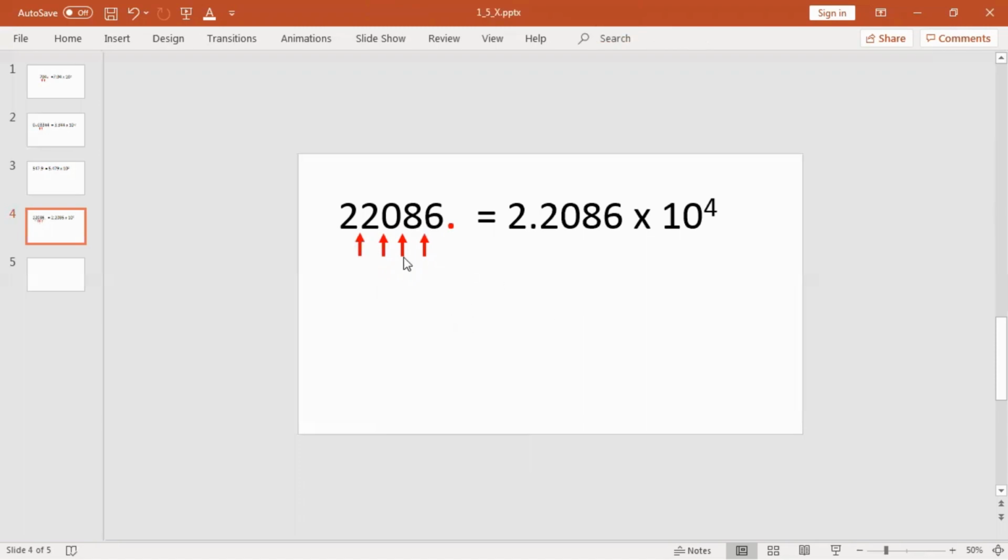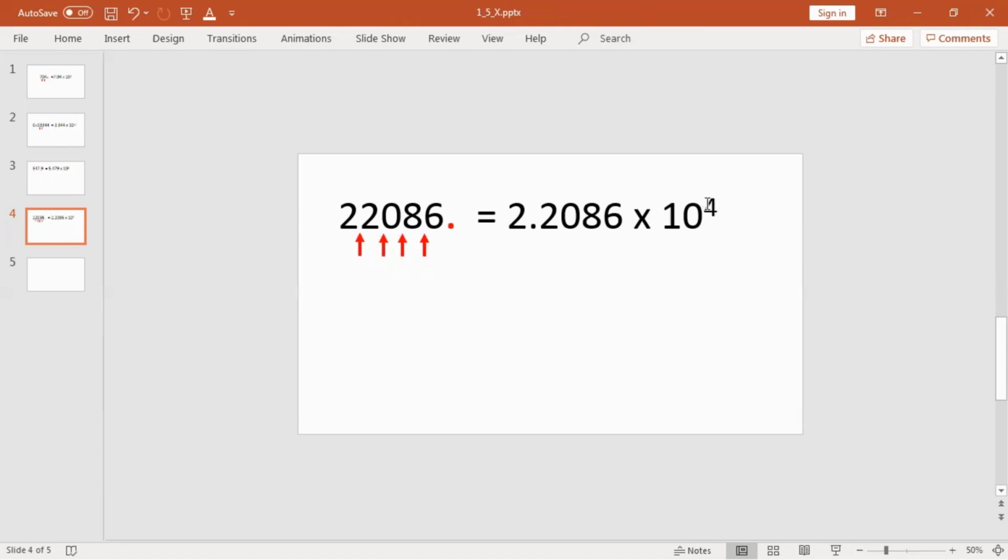So let's count how many moves of the decimal point we have to make. If the move to create the mantissa from the decimal formatted number is moving the decimal point to the left, remember the exponent will be positive. So let's move the decimal point across the digits. 1, 2, 3, 4.